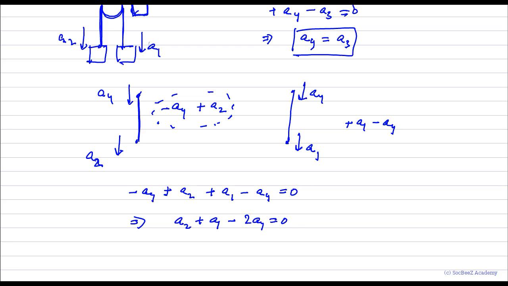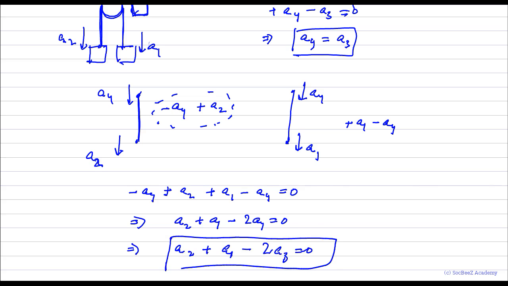Now I can replace a4 by a3. So my constraint relationship becomes a2 plus a1 minus 2a3 equals 0. Now this is my simple constraint relationship.